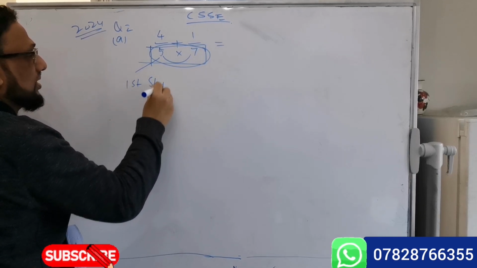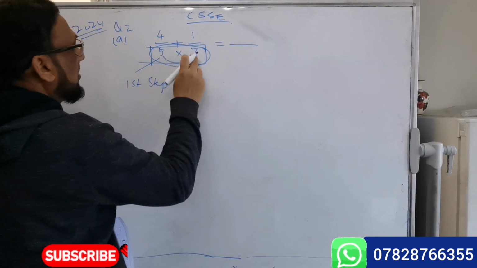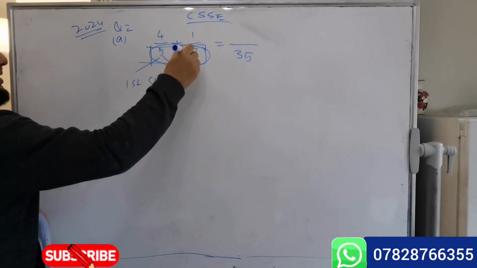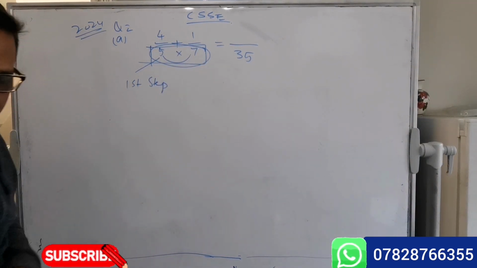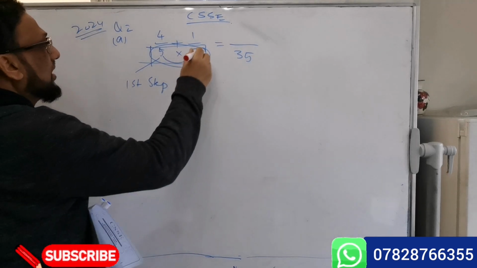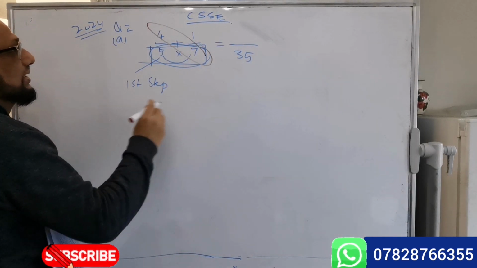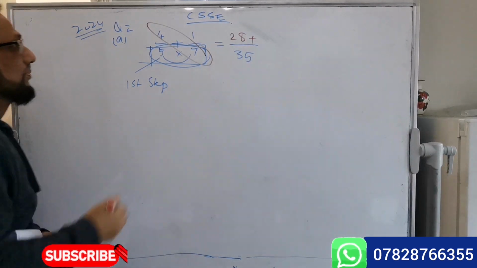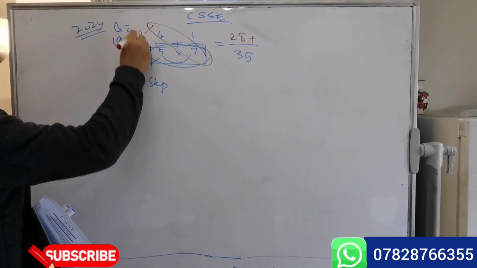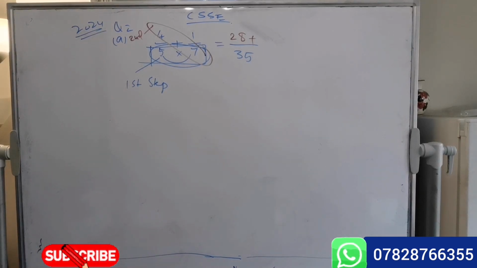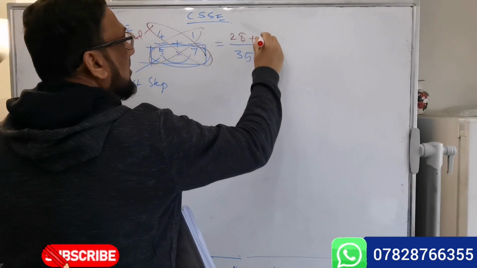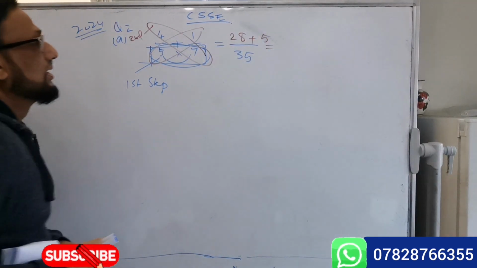So you're going to do 5 times 7 is 35. The second step is 4 times 7 is 28. And the third step is 1 times 5 equals 5.